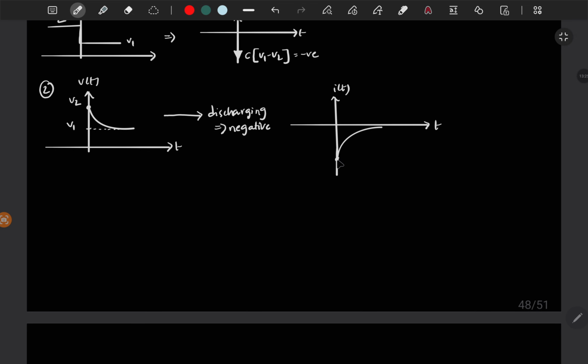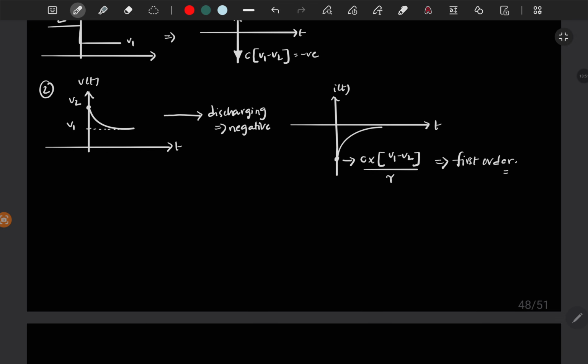So what is this amplitude? This amplitude should be the capacitor value times the change in voltage, which is V1 minus V2, final value minus initial value, divided by tau, the time constant of the circuit. This is only true for first order.